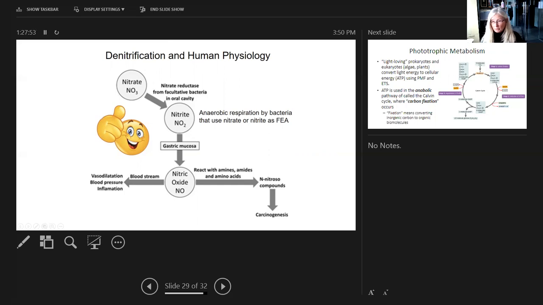So notice, right, the nitrate reductase, nitrate to nitrite reduction is when nitrate is used as a final electron acceptor in place of oxygen, anaerobic respiration. That gives us nitrite, right? So nitrite can also be used as a final electron acceptor. Here we're giving credit to the gastric mucosa, but I'm also going to give credit to the microbes that are in your digestive tract as well. And ultimately, they produce this stuff called nitric oxide.